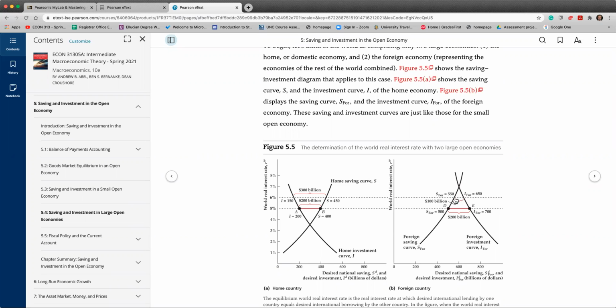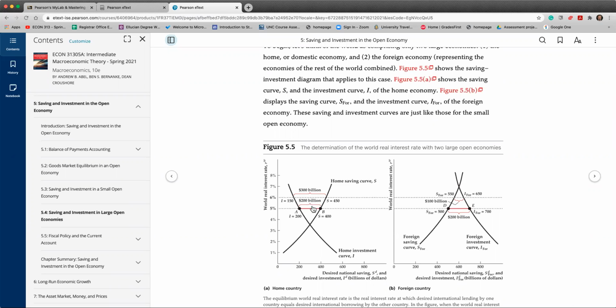Desired investment is greater than the amount of saving that's available in this country at that interest rate. And so what's going to happen? There's an excess overall. There's an excess saving, right? This is the lack of saving, 100 billion, excess saving, 300 billion, right? There's a surplus of saving in the world. Interest rate's going to come down because whenever there's a surplus.